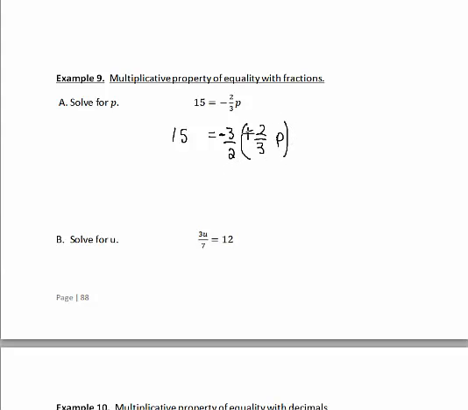So if I multiply the right side by negative 3/2, I go to the left and do the same. A number times its multiplicative inverse results in a 1. And so again, on the right, I have a 1p, which is the equivalent of a single p. And I end up multiplying 15 by negative 3/2 again, and that is going to give me the same number, negative 45/2.